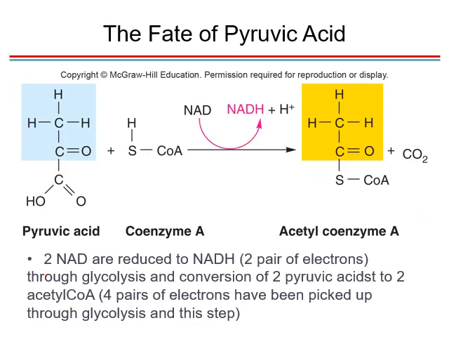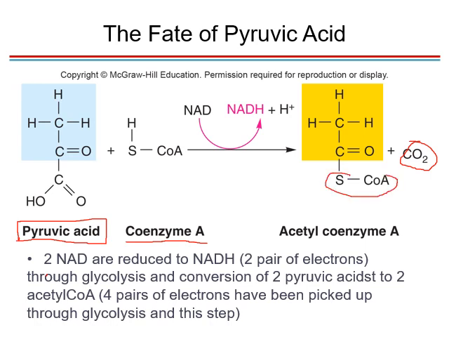Here's just looking at that step closer. There's that pyruvic acid. Remember, we got 2 of these from glucose, and here is coenzyme A. Okay, so we're gonna tear off 1 carbon. So we're going from a 3-carbon to a 2-carbon, because we produce that CO2, and then we add coenzyme A to that 2-carbon molecule.